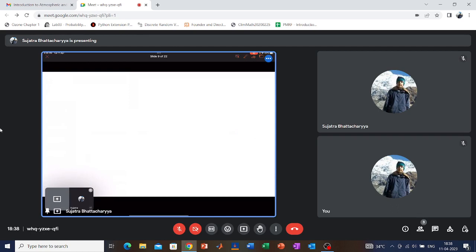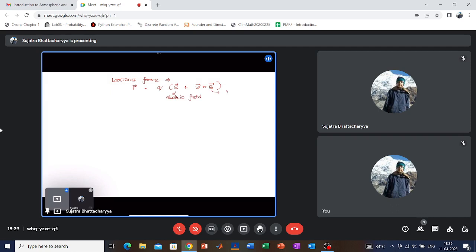So here we know the Lorentz force, when both magnetic and electric fields are present, F becomes equal to q times (E plus v cross B), where B is the magnetic field, E is the electric field.